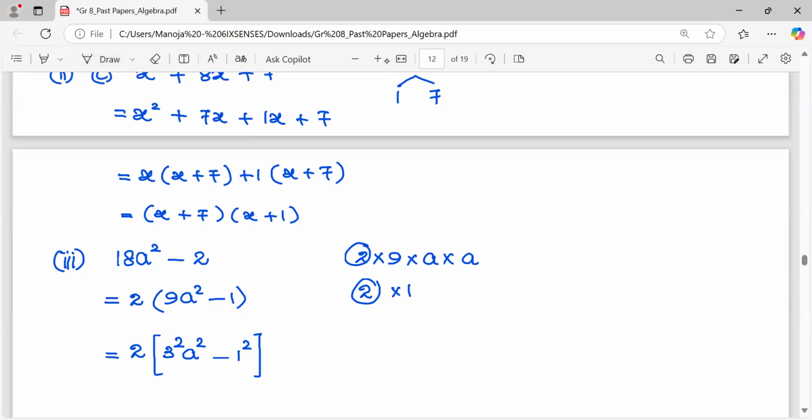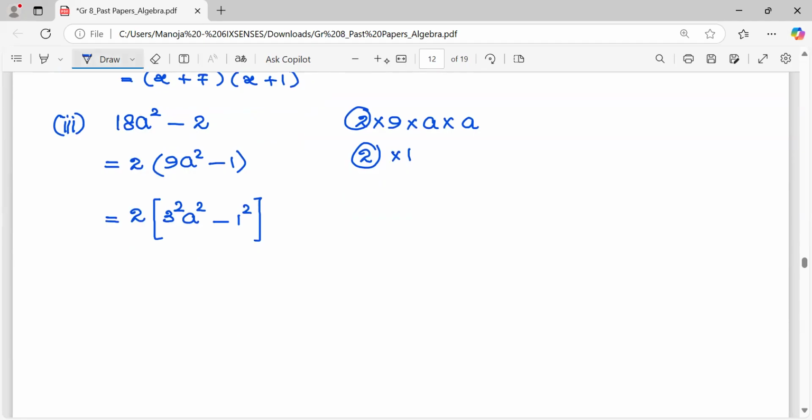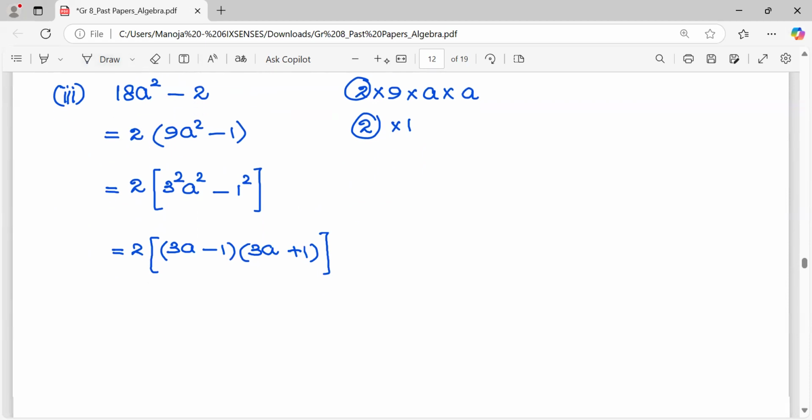So I write 2, I open the box bracket again, then I write 3a minus 1 and 3a plus 1, and you close this. So this should be the final answer. Then the last one, question 4. Don't worry, I'll give you time to copy down the things.